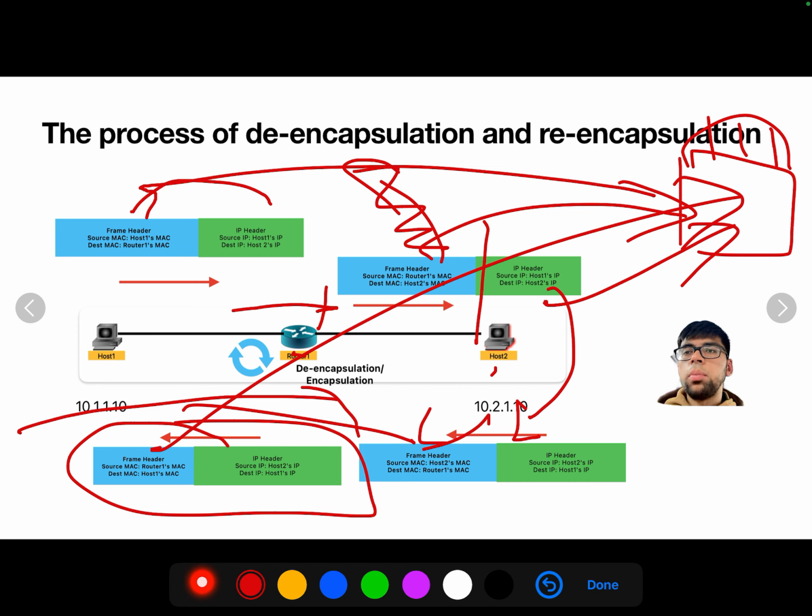It has to happen because the source and destination MAC addresses are changing. Also, the actual protocol that is being used. For example, you've got point-to-point protocol, you've got HDLC as well. Because these protocols that are being used in transit could be changing, we need to change the frames accordingly as well.